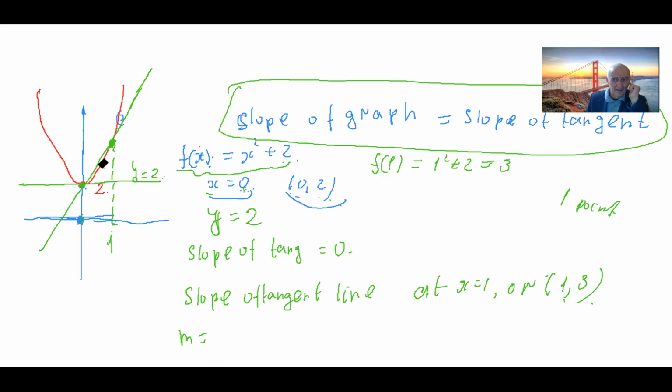So, Nika, we successfully found the slope of the tangent line at the point x equals 0. Now we need to find the slope of the tangent line at the point x equals 1.